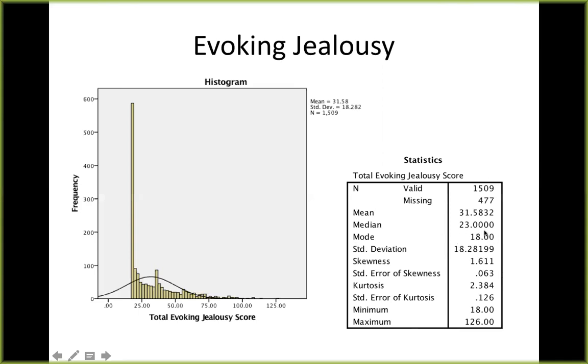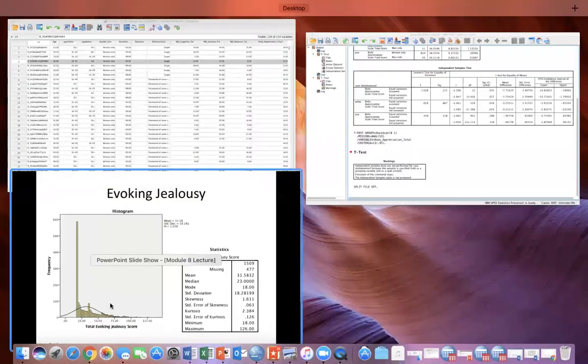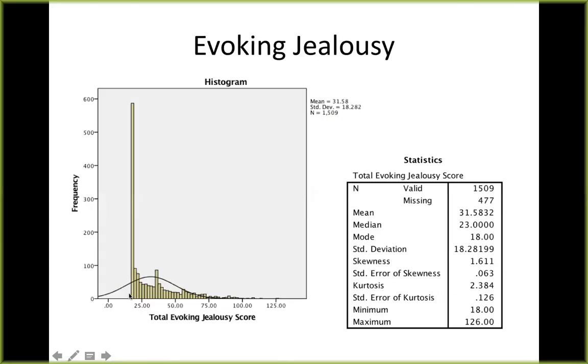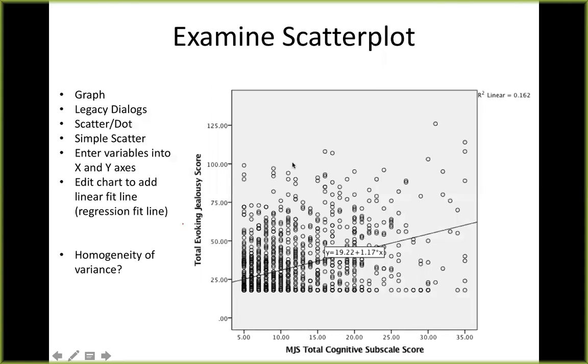We see that the mode is a little off down here because we have so many people who, on the bright side of things, are super low on trying to do things to make their partners jealous. While that's not fantastic from a distribution perspective, from a humanity and relationship perspective, it's probably a good thing, right? So we're going to say that the normal distribution assumptions are met for both of those variables.